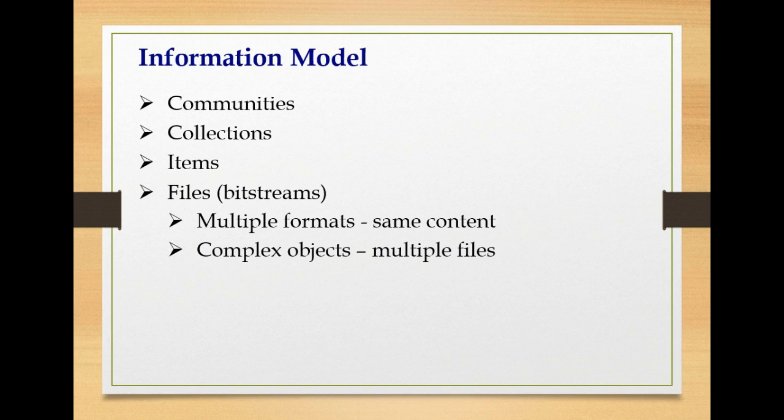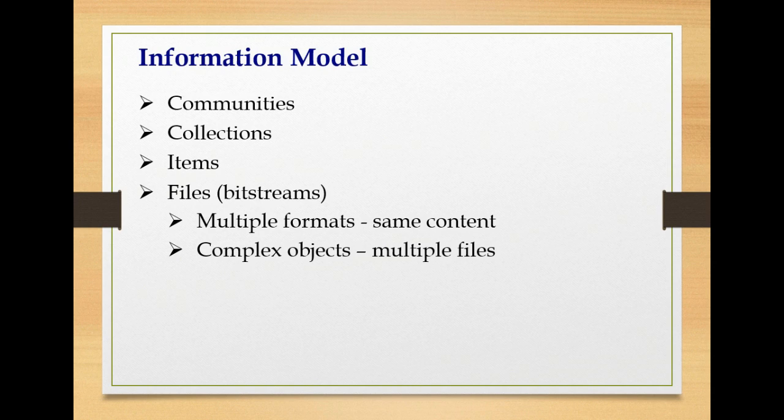In the architecture, the topmost comes the community, which can also have a sub community inside a community, then collection, and then item. An item includes three things: the bitstream, metadata, and license, which we'll be talking about later.